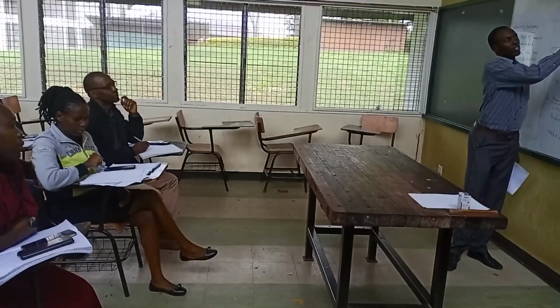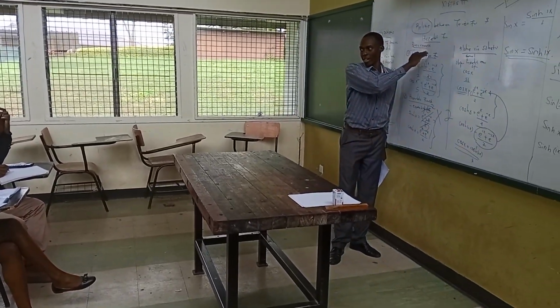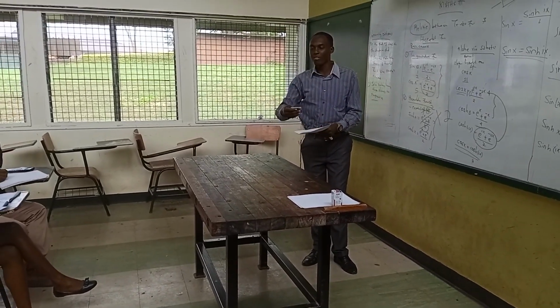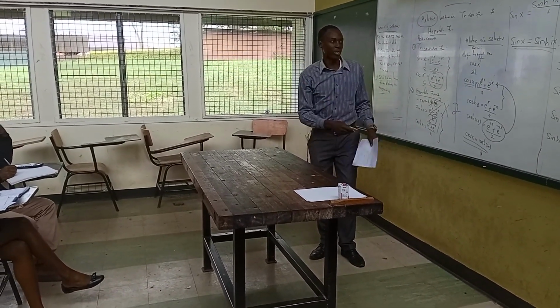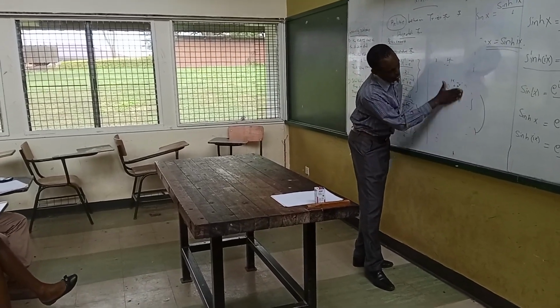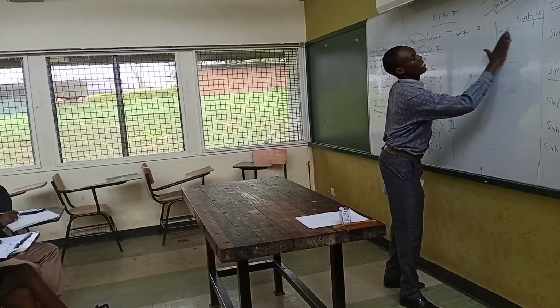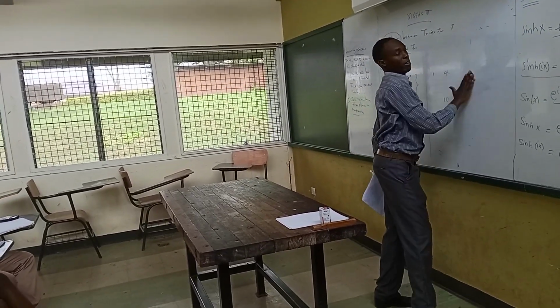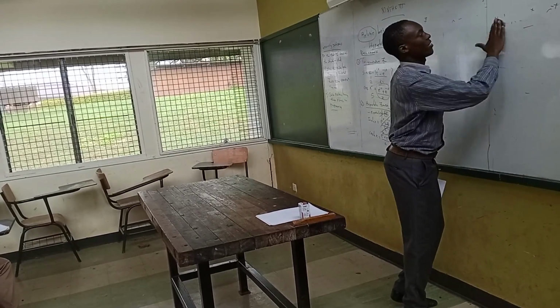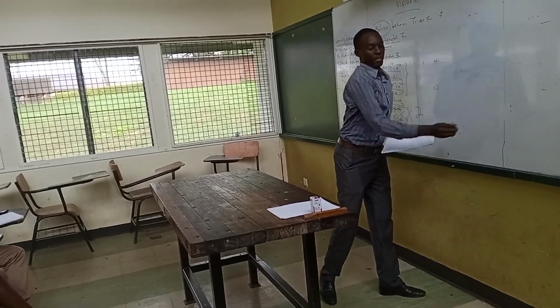Now this one is a direct conversion from trigonometry to hyperbolic. Sometimes you can be given the other way around, hyperbolic to trigonometry. Let's also try that. So to try that, we try the hyperbolic one. Now let's look at my example here.